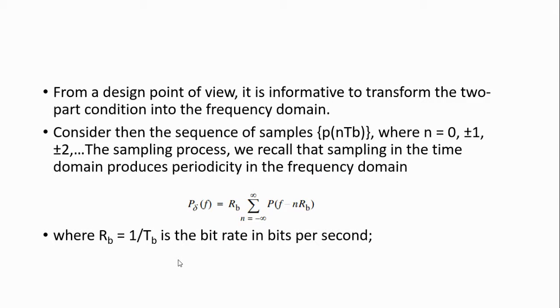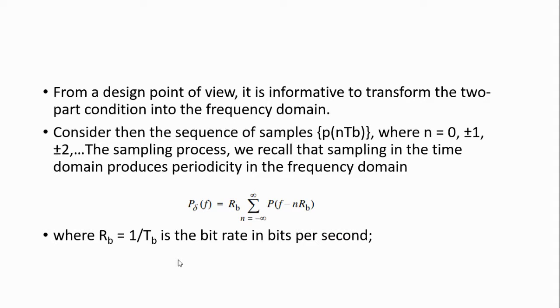From the design point of view, to transform the two-part condition into the frequency domain, consider the sequence of samples p(nTb), where n equals 0, plus or minus 1, plus or minus 2, and so on. In the sampling process, sampling in the time domain produces periodicity in the frequency domain.